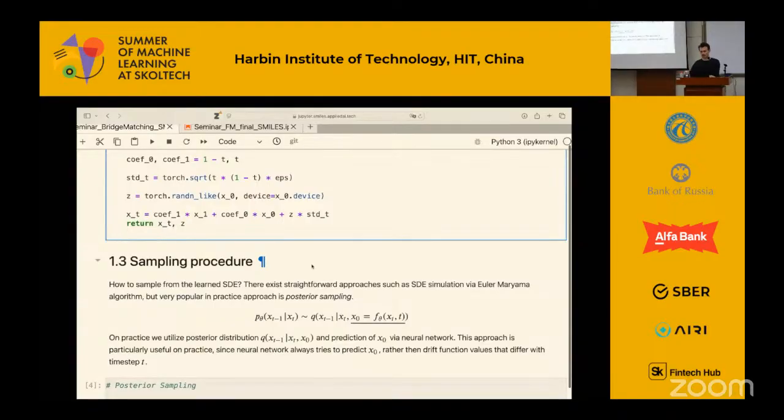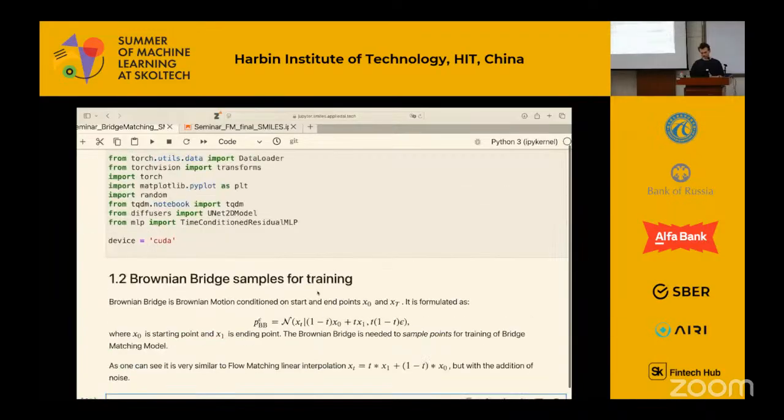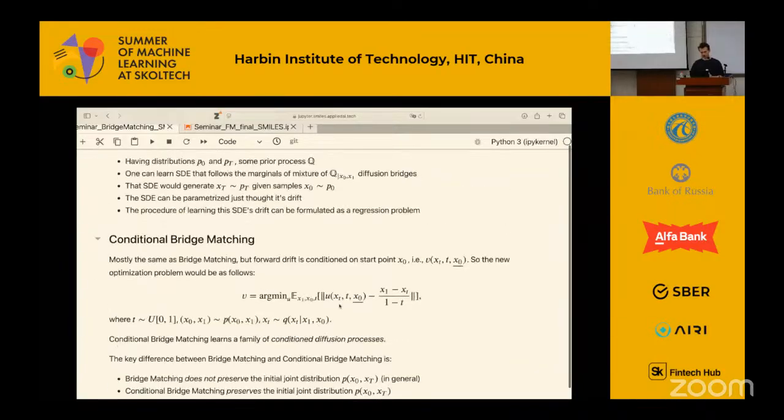And another cool trick that we will use here is the posterior sampling. So instead of learning the vector field, just as I've showed you over here, which should be x1 minus xt divided by 1 minus t, it would be more computationally efficient to learn x1. And we can actually do it because we are already given xt and 1 minus t.